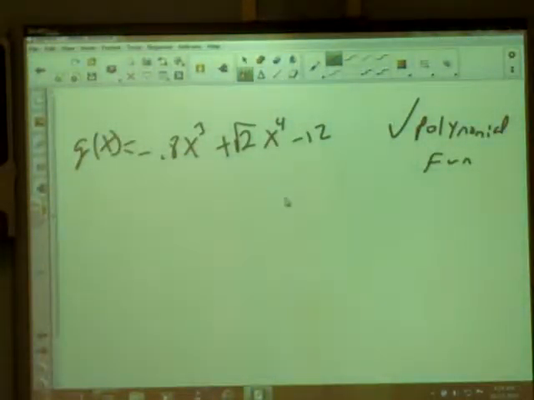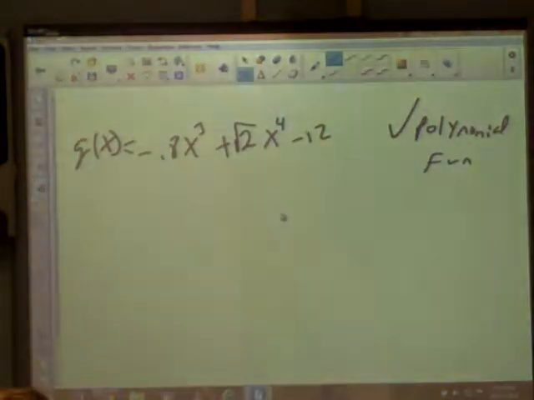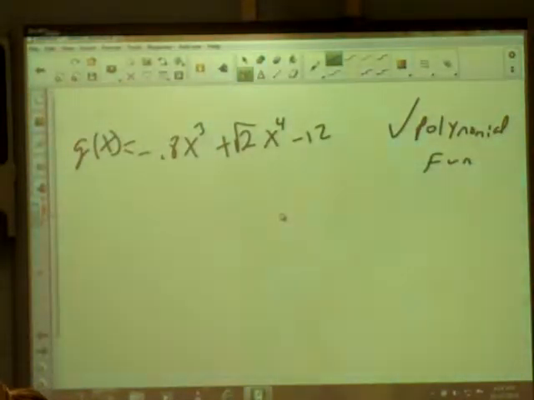After that, we need to write it in standard form if it's not. Standard form just takes your highest power first. So is this one in standard form? No, so we just got to move it around. We're not jumping over the equal sign, so we don't have to do opposite operations. We can just reorder it.